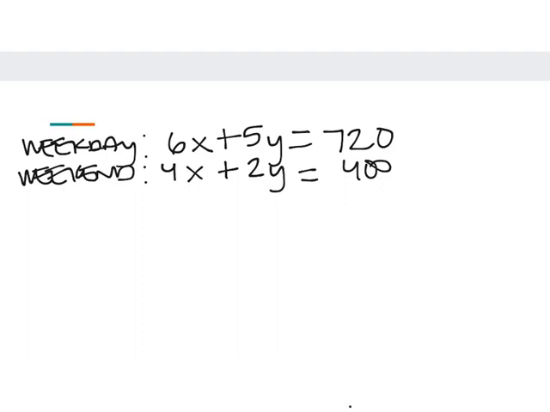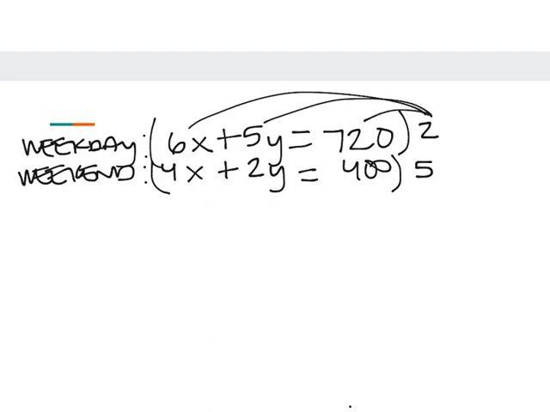When I use the elimination method, I need to figure out coefficients so that I can multiply the entire equation by those values to get the same coefficients and eliminate a variable. I'm going to work with my y's, so I want to multiply this one by 2 and this one by 5, to get 10. Okay, so now I'm going to distribute and rewrite these equations.